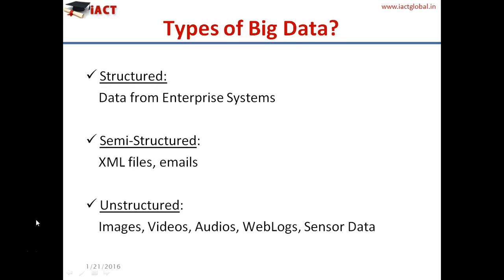Structured data includes data from enterprise systems like CRM and ERP, which we actually store in traditional databases, RDBMS. Semi-structured data includes files like XML files, which are in a particular format, but it's not totally structured.